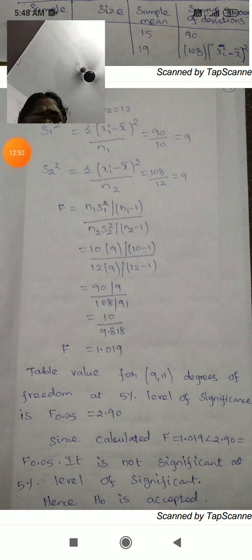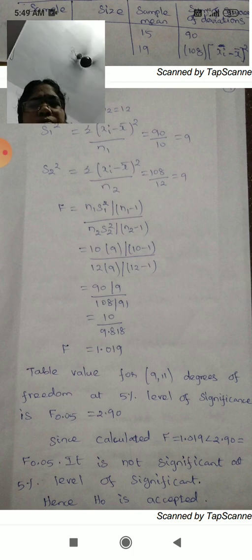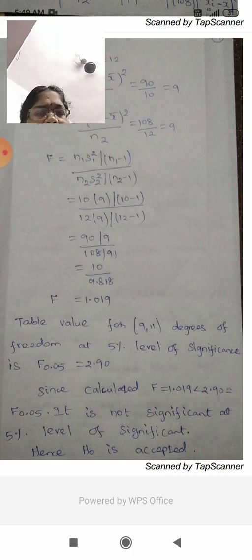The calculated value is 1.019. Then we have to find the table value for n1 minus 1 comma n2 minus 1 degrees of freedom.